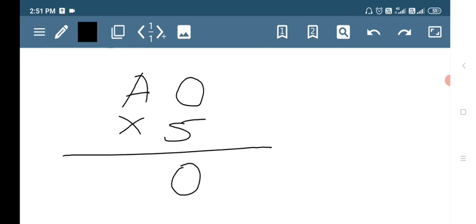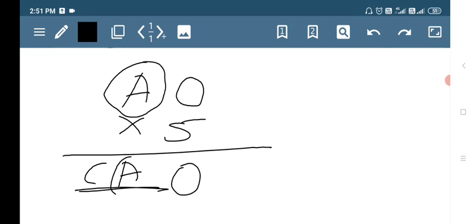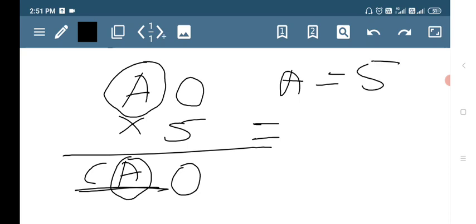So what could be the value of A that we can get here? 2-digit numbers C and A. So here again at the tens place, both the numbers should be the same, isn't it?